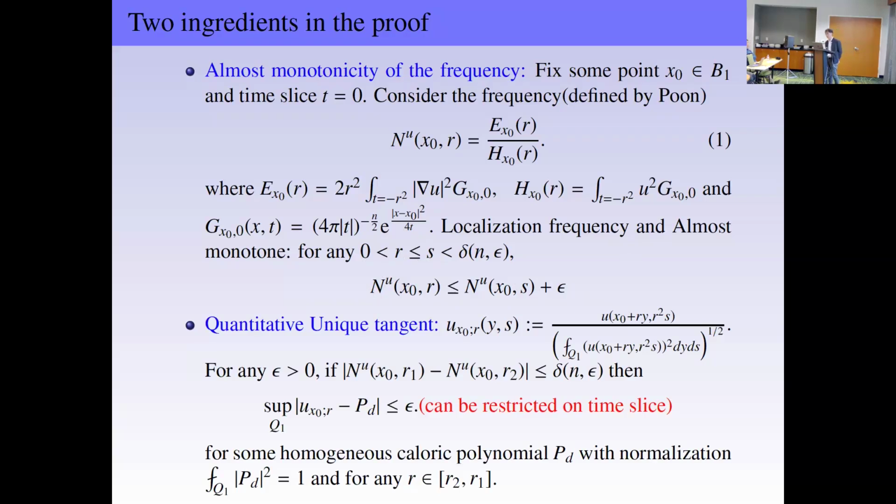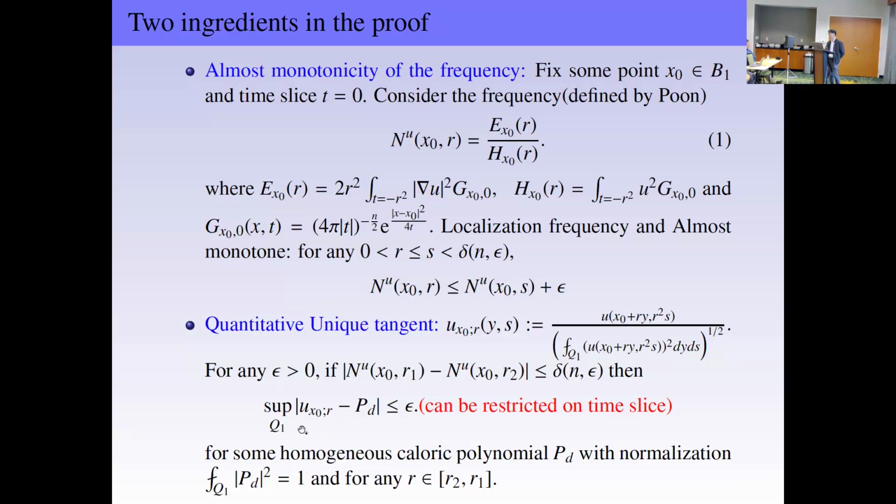Another ingredient is the uniqueness of the tangent map. Actually, I think now it's quite standard in the parabolic case to use expansion and then prove that the tangent map is unique. But we just know that the tangent map is unique. If we want to get a measure estimate, we need a quantitative estimate. So combined with the frequency, we can prove a quantitative unique tangent map estimate.